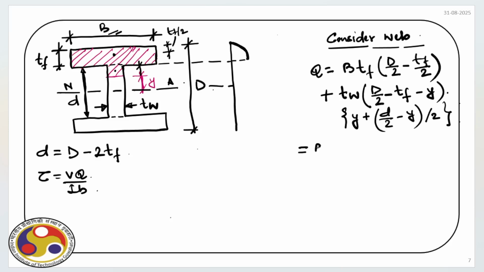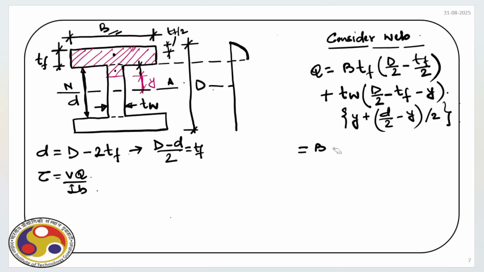We have b times tf. For tf, we can actually write down capital D minus small d by 2 is equal to tf.